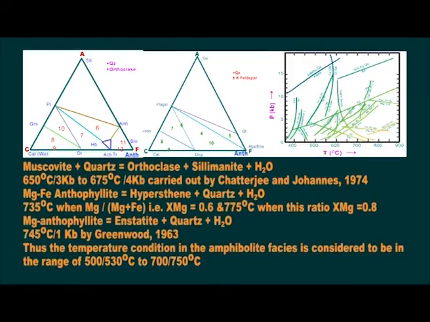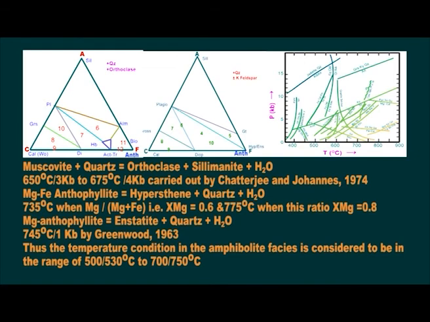Upper temperature limit. Upper temperature limit is indicated by the following reactions. Muscovite plus quartz give rise to orthoclase plus sillimanite plus water, 650 degree centigrade 3 kilobar, 675 degree centigrade 4 kilobar, carried out by Chatterjee and Jones 1974.